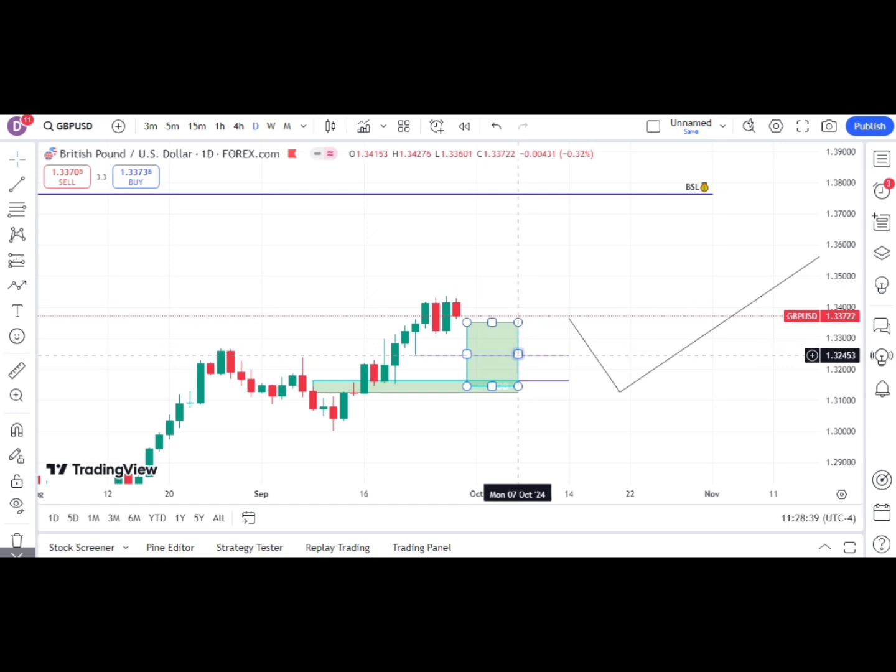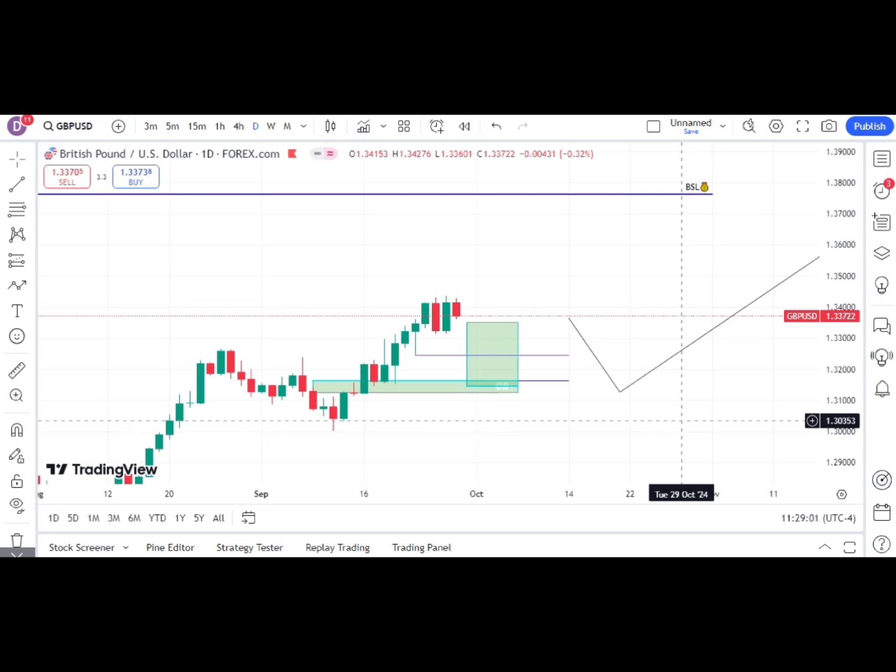So the logic is me having a bullish bias. I'm only going to be looking out to take on any long. So for this week, I'm going to be taking long trades because my bias is bullish. I want to see us drive down, fill the fair value gap, mitigate the order block on the weekly time frame, and then we go higher.